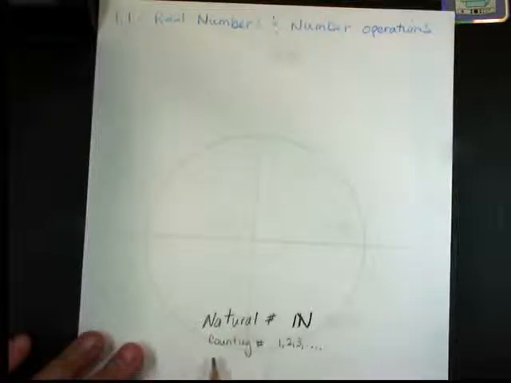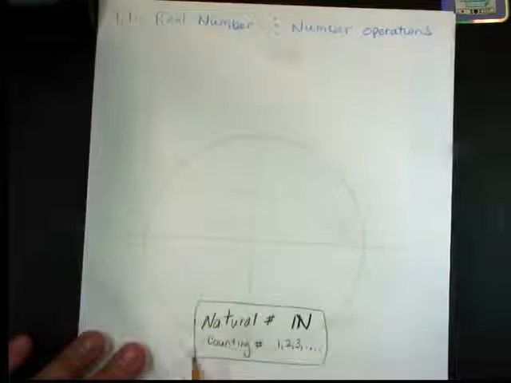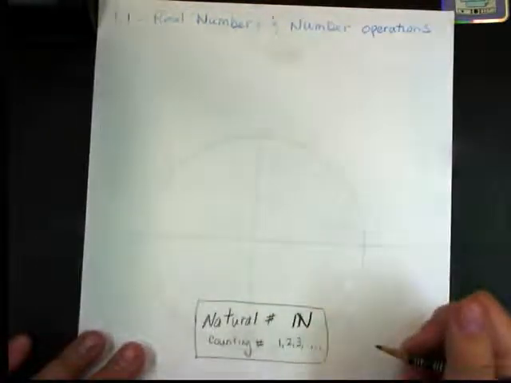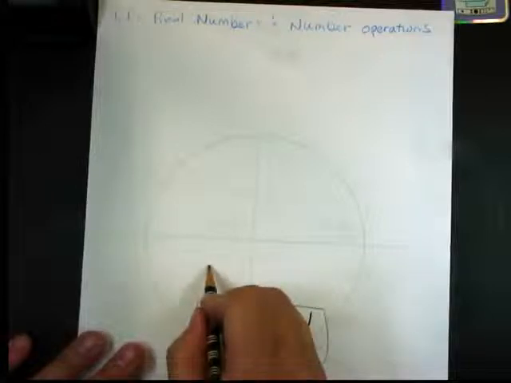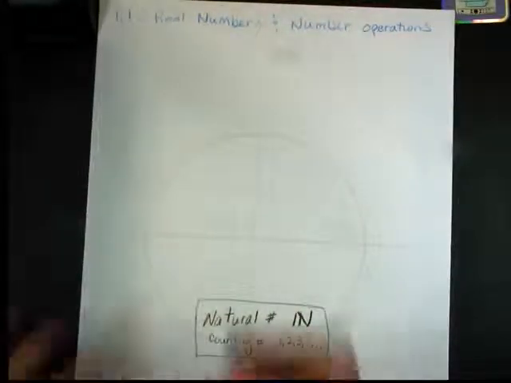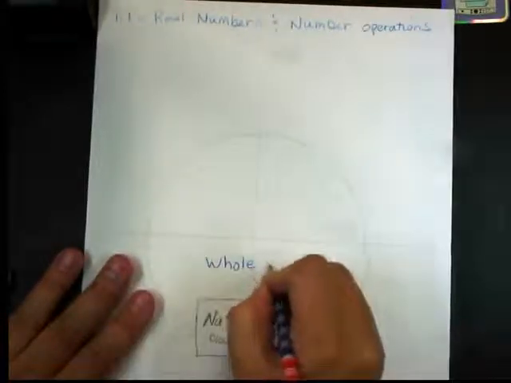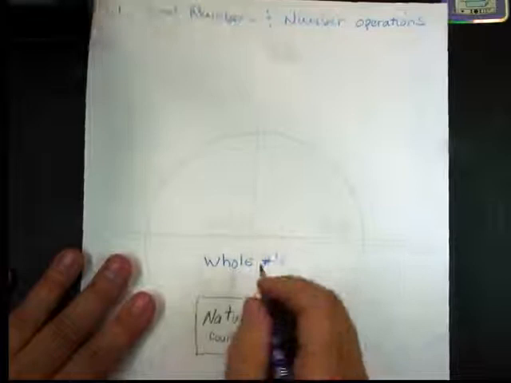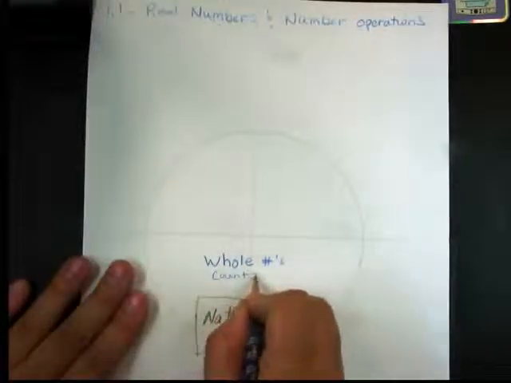These natural numbers are part of more classifications. The next one that it's part of is called the whole numbers. The whole numbers are the counting numbers as well, because the naturals are part of them.